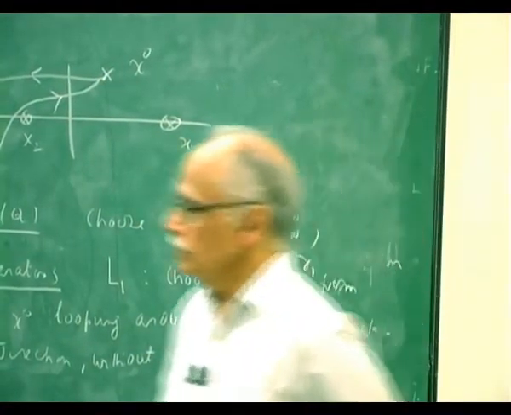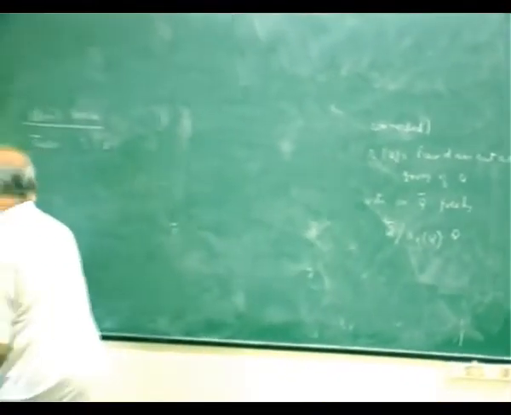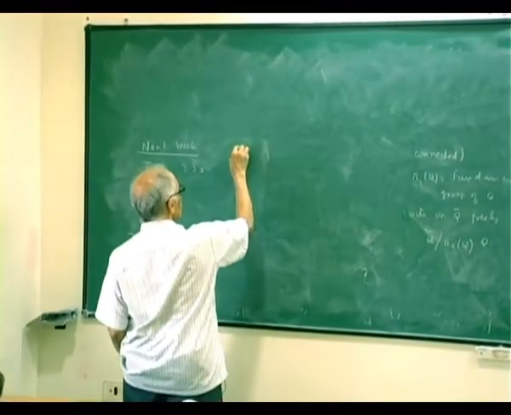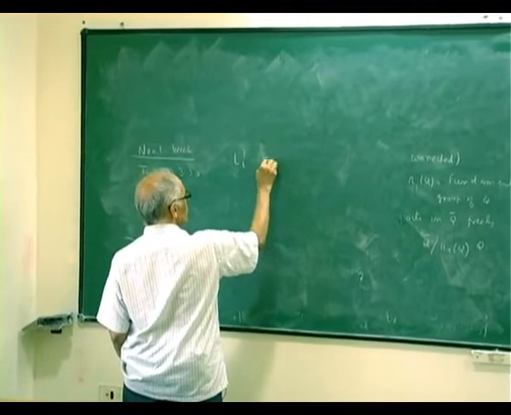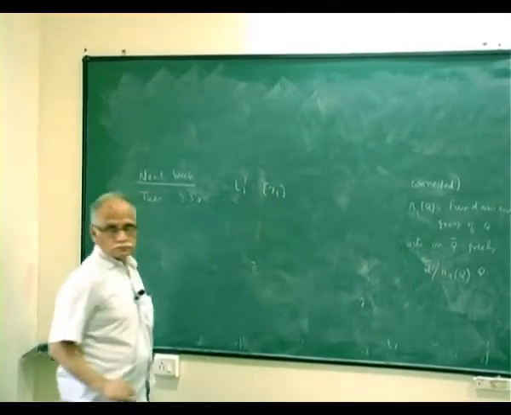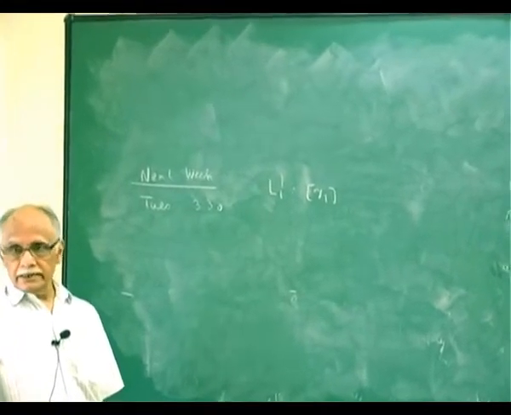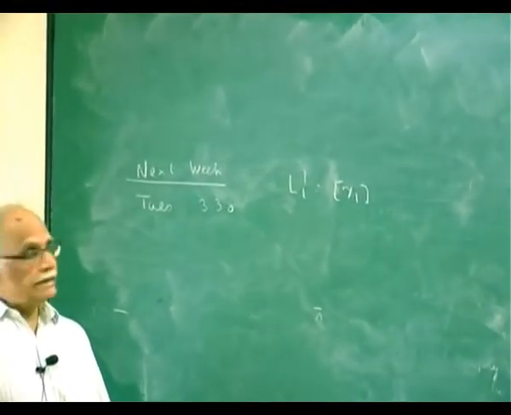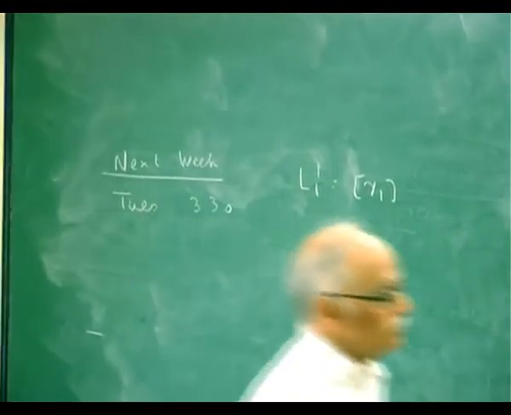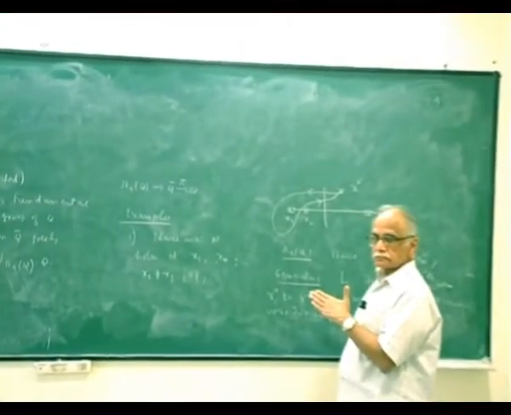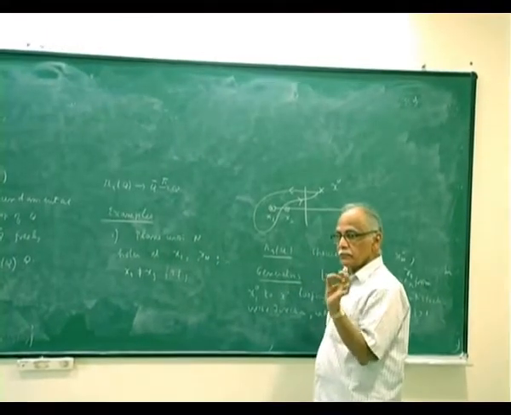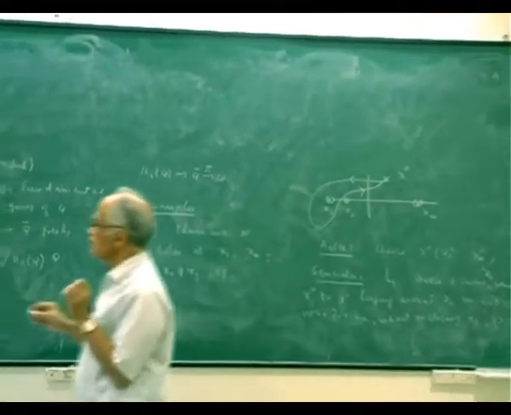Now, one loop L1 is a homotopy class of gamma 1. So you take all loops like this, you can distort this or whatever without crossing the other points, and identify them. You get one element. Similarly, Lj.